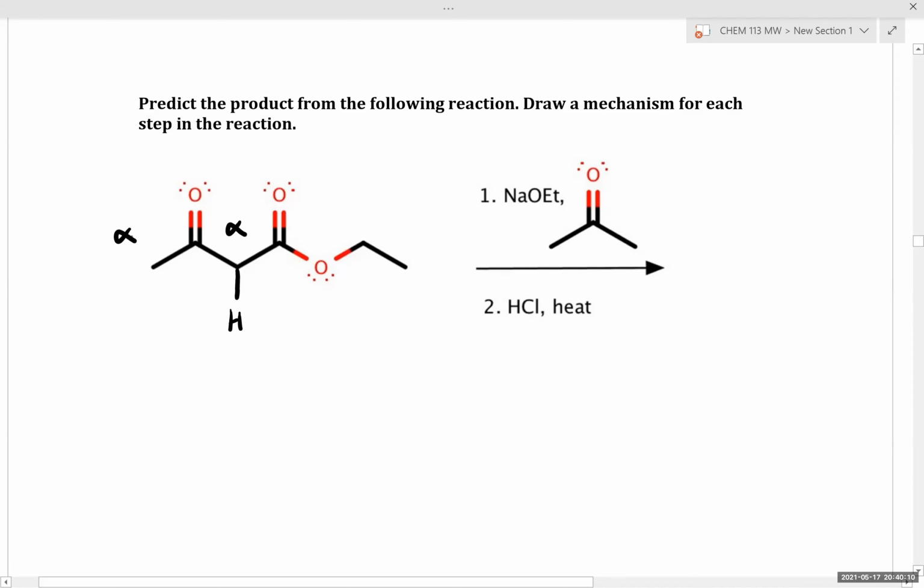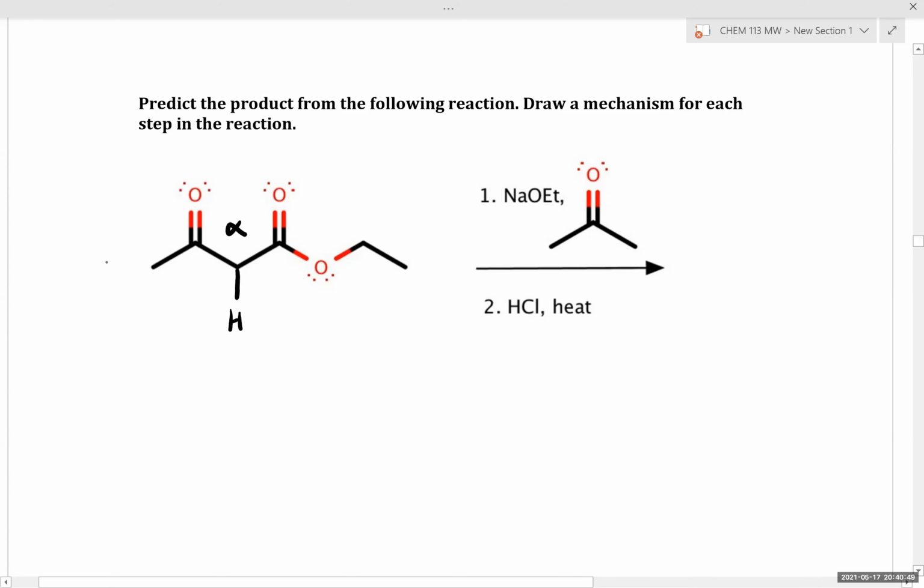So if we have two alpha positions that I'll call alpha and alpha prime, which position is preferentially deprotonated? The alpha position, right? This alpha prime position is less acidic, and as a result, we wouldn't see a significant amount of deprotonation.